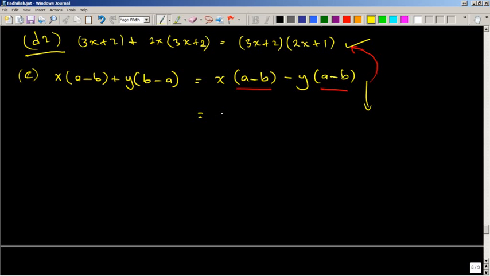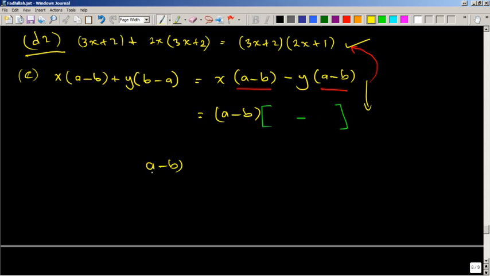What you do is to put it outside, A minus B. And then you put everything else in a bracket. So there is a minus sign in the middle. So what goes at the left and right hand side of that minus sign? Okay.